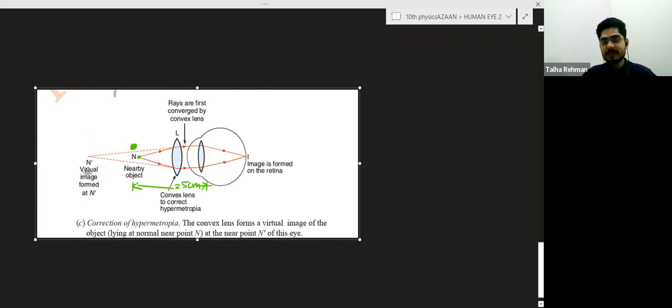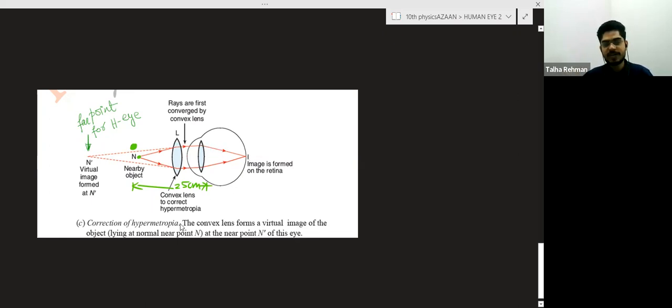And remember, this is the far point for the, not the myopic, hypermetropic eye. So here is first converging taking place, and here is another converging taking place. First the rays are converged here and then converged by the eye lens, and finally the image is formed on the retina.